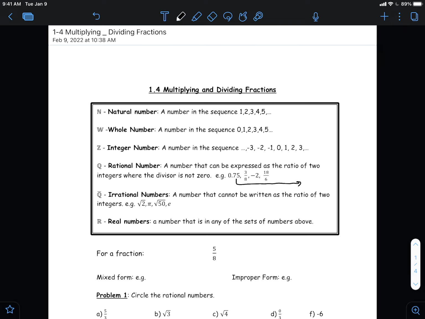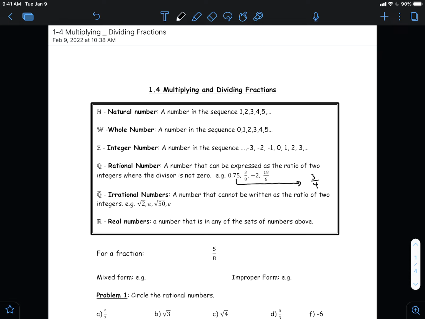That's a good example. 0.75, I could take 3 and divide it by 4. That gives me 0.75. If you can take a numerator and divide it by a denominator and get whatever number it is in question, then it's a rational number. If you can't do that, then it's irrational.